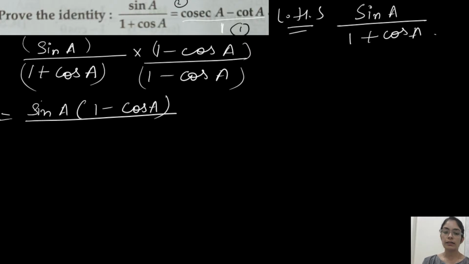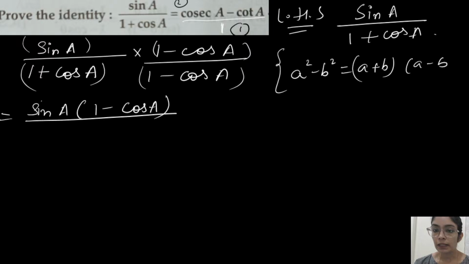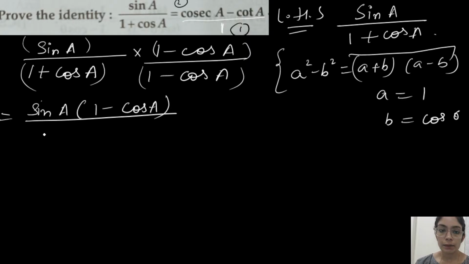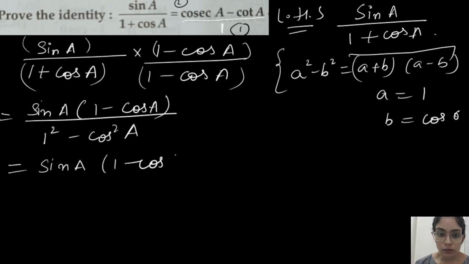Whenever we rationalize, at the denominator we apply the identity A square minus B square equals A plus B into A minus B. Here A is 1, B is cos A, so it becomes 1 square minus cos square A. Further, we can write the numerator as sin A into 1 minus cos A.